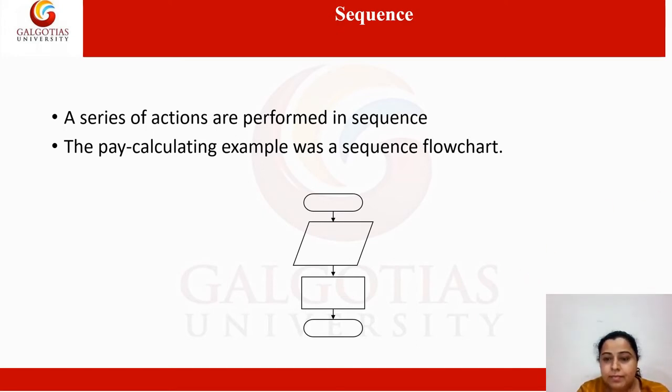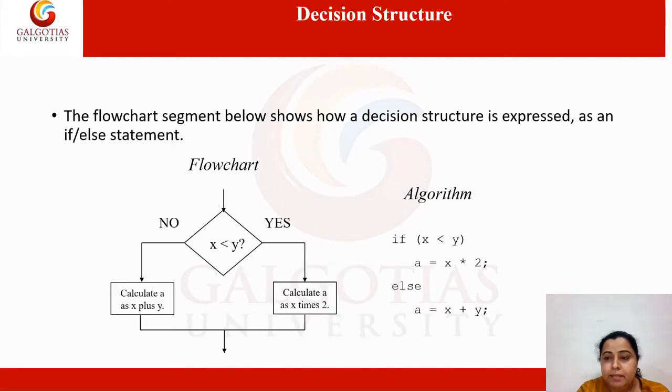Then comes your decision structure. Now this is an important one. Let's say we have a condition. A condition is like: if it's 10 o'clock, then only I'll go to sleep. If it's 5 in the morning, then only I'll wake up. If it's 5, I'm early.